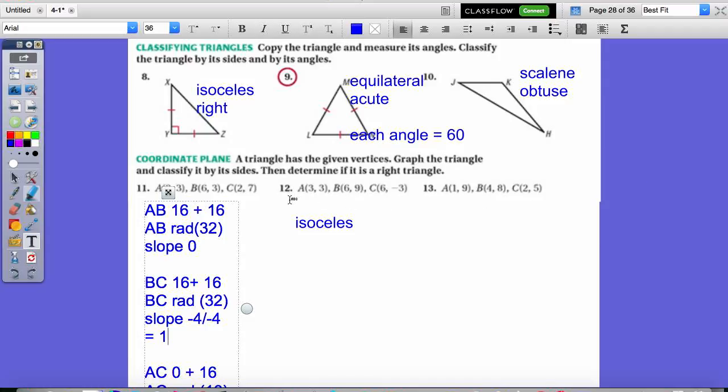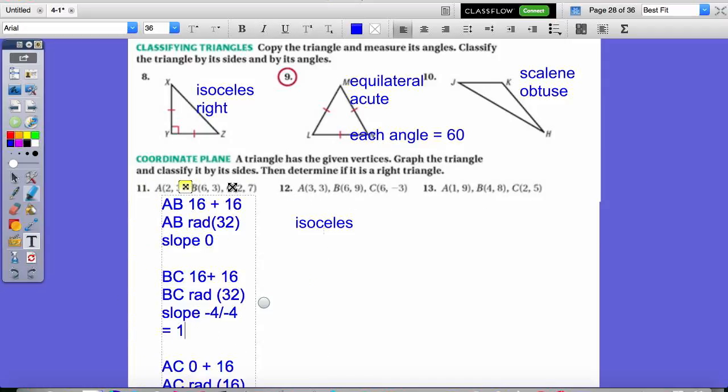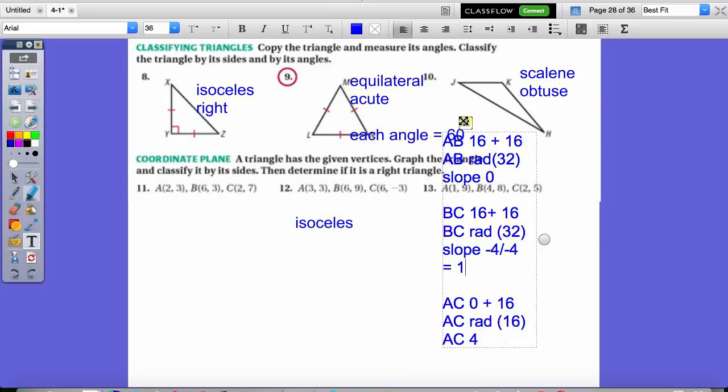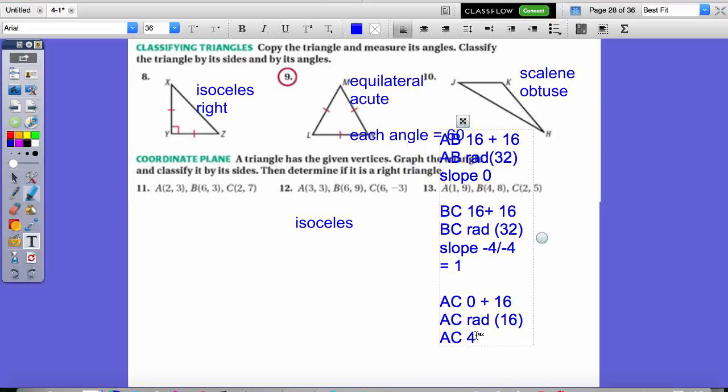And for AC, the slope is 3 minus 7 is negative 4 over 2 minus 2, which is 0. So when you have a 0 in your denominator, it's undefined.